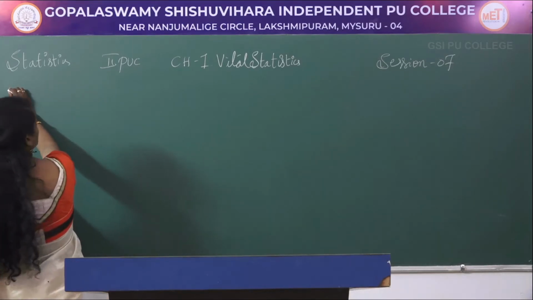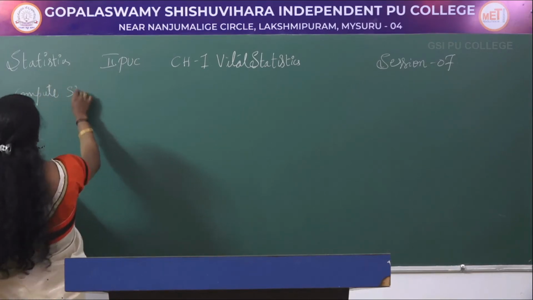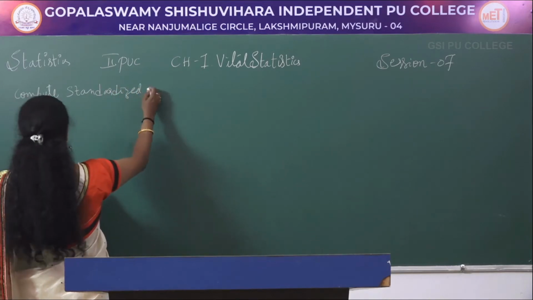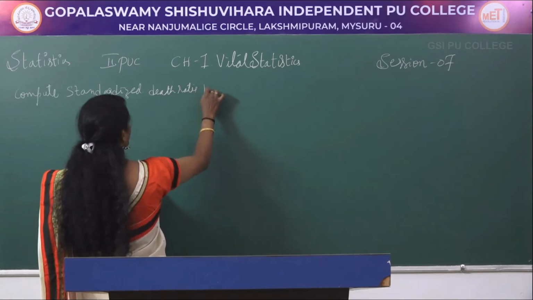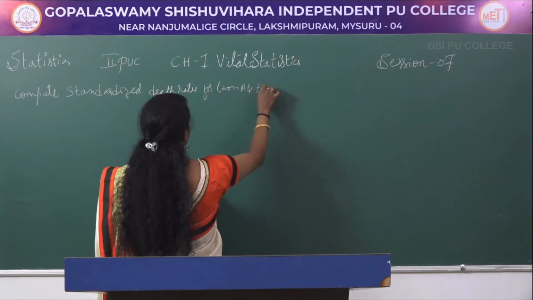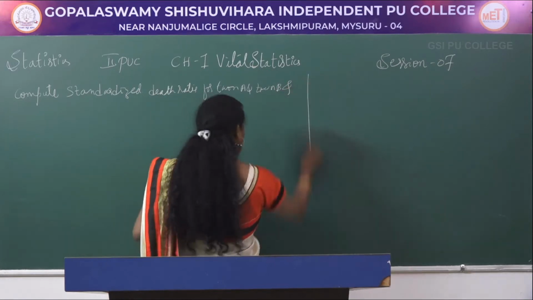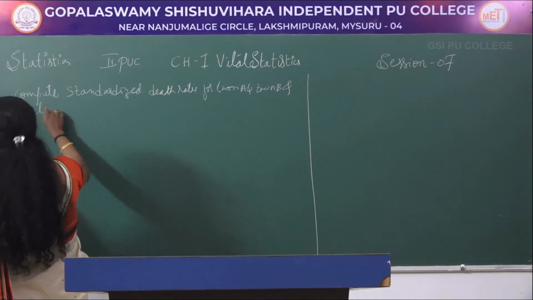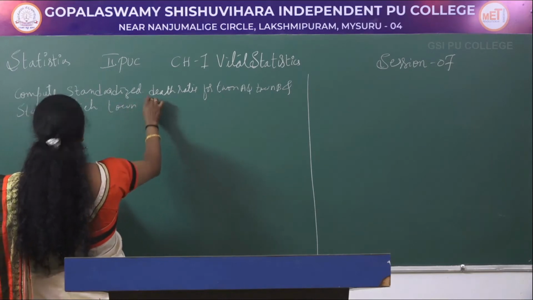Compute standardized death rate for town A and town B, and state which town is healthier.